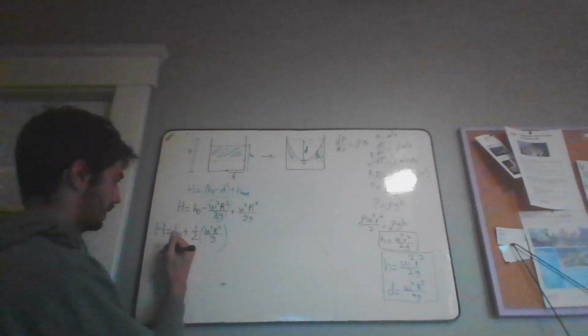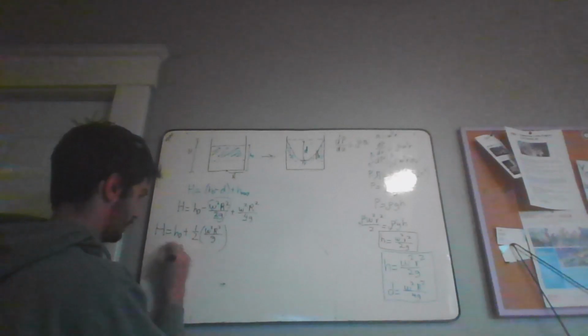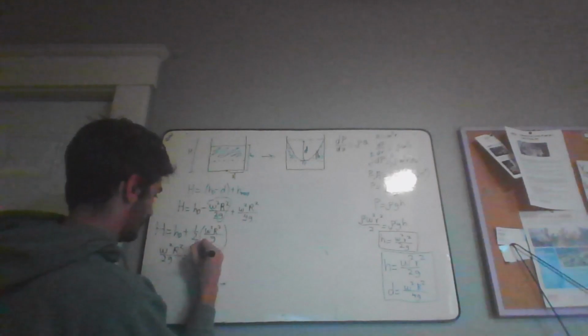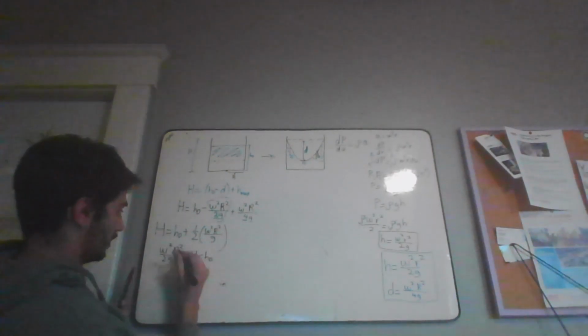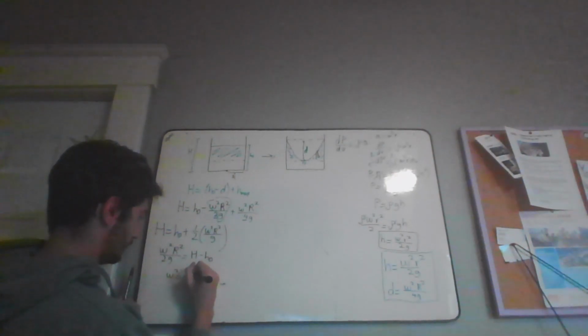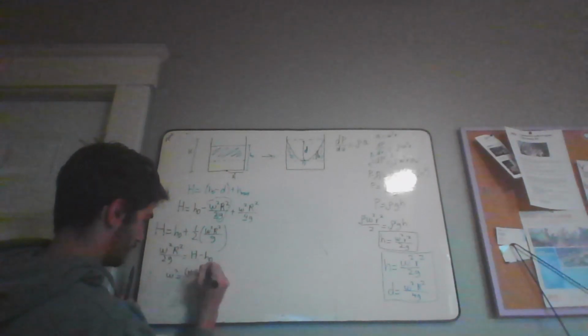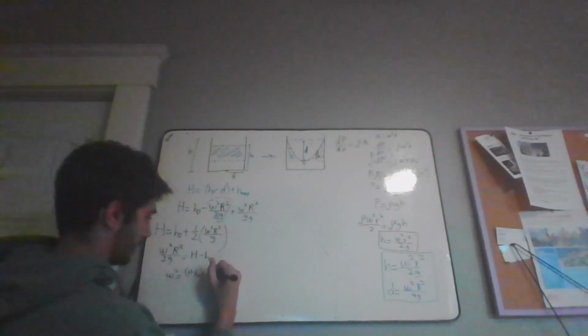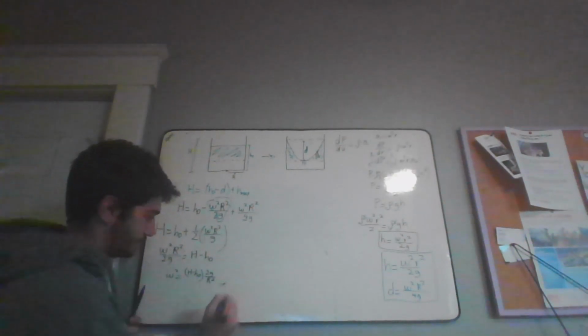So that we get omega squared r squared over 2g is equal to h minus h sub naught, multiply everything by 2g over r squared so that we get omega squared is equal to h minus h sub naught multiplied by 2g over r squared.